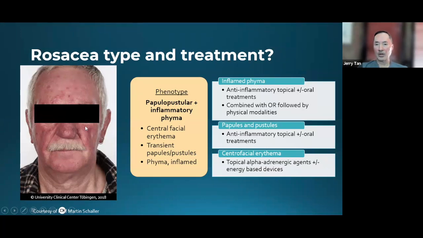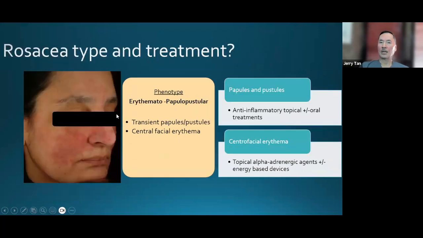And you can see his redness is telangiectatic to a large extent, and the erythema is primarily lesional erythema at the sites of his papules and pustules. And at his nose, it's non-papulopustular, it's diffuse erythema. So in this area, it's very evenly distributed along with the erythema at his cheeks.